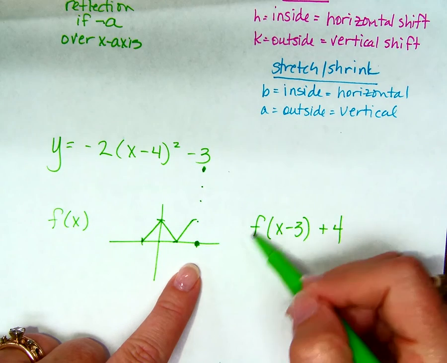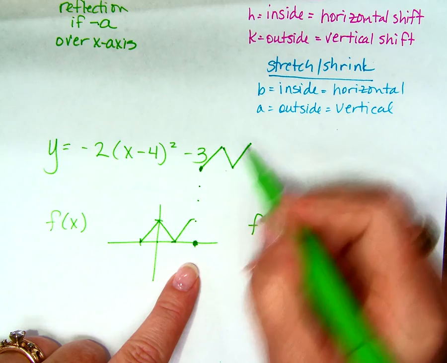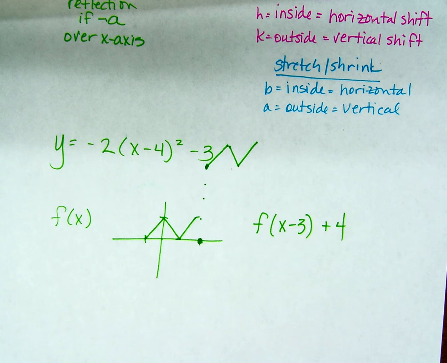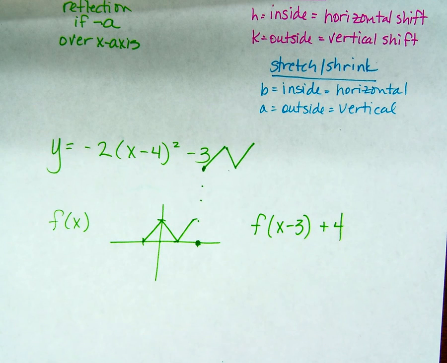The shape didn't change because there's no multiplier. So the whole shape would move over 3 and up 4. That doesn't replace x with x. No, not in this case. Normally it would, but it's just saying take this function and move it to the right 3 and up 4.